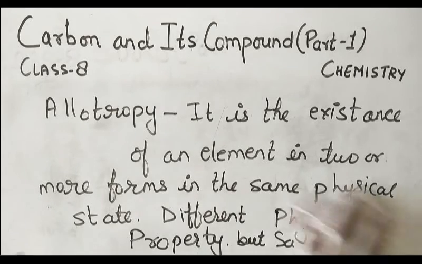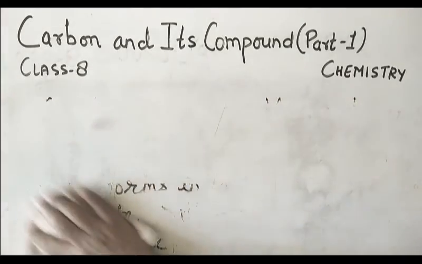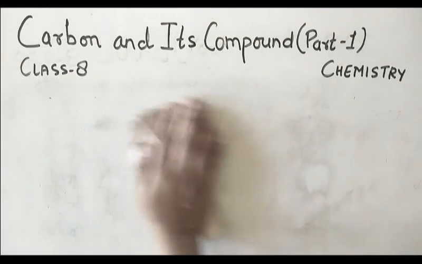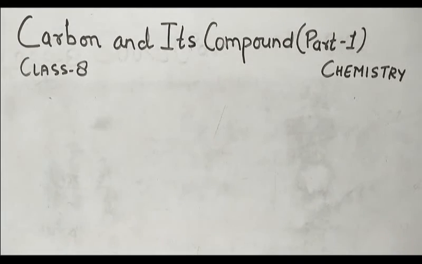So this phenomenon is known as allotropy, and the different forms of an element are known as allotropic forms.